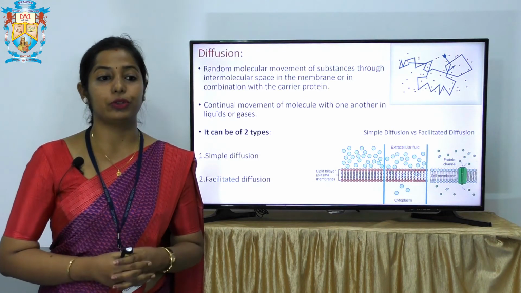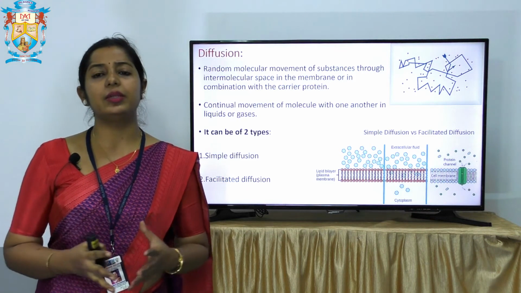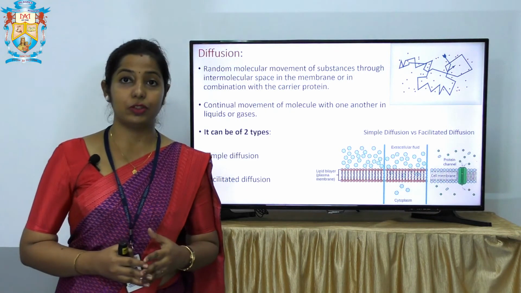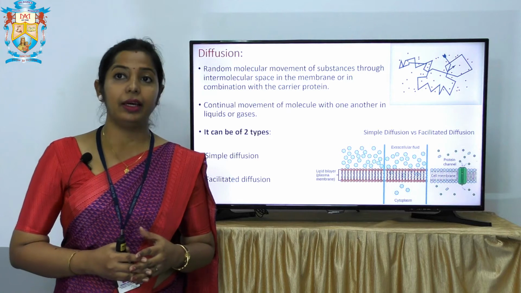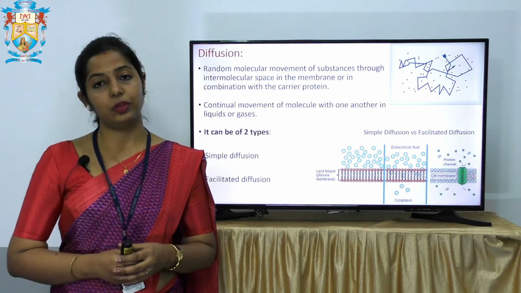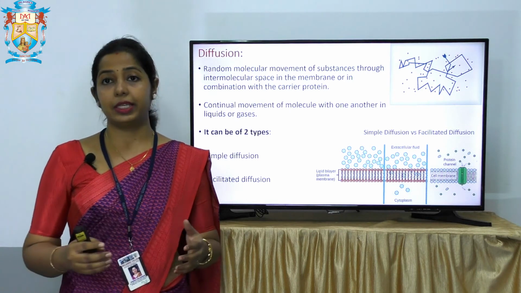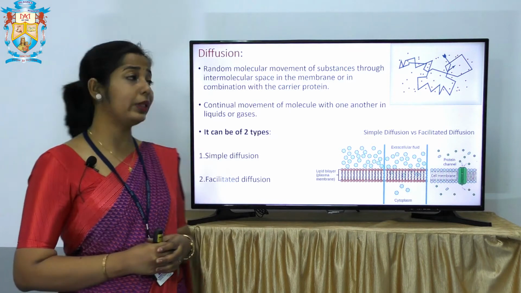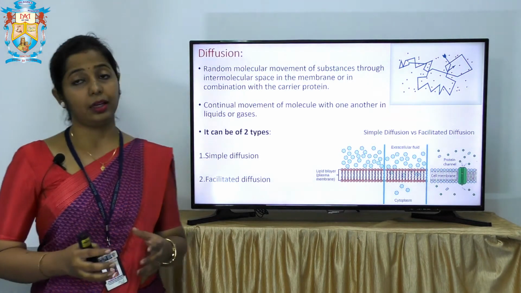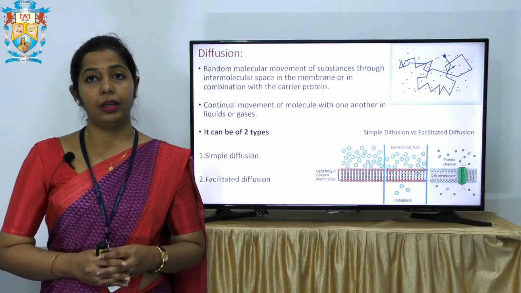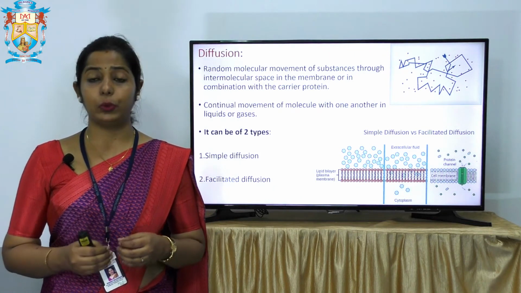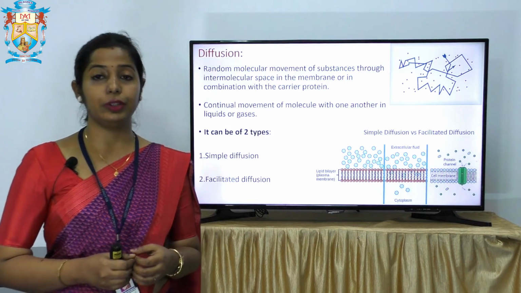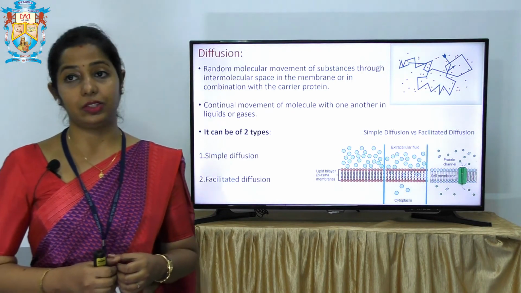Now, what is diffusion? Diffusion is the random molecular movement of a substance through intermolecular space in the membrane or in combination with carrier proteins. This is the continual movement of molecules among one another in liquids or gases. This diffusion can be of two types. First is simple diffusion and second is facilitated diffusion.